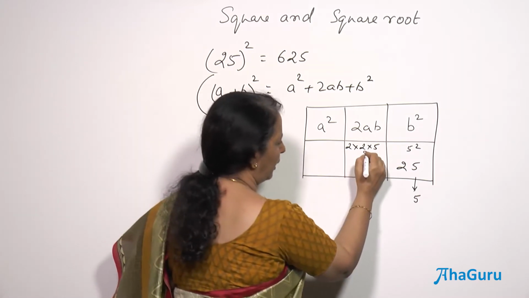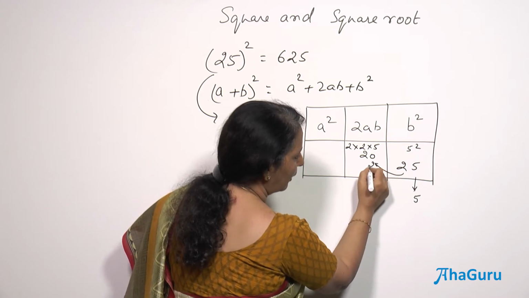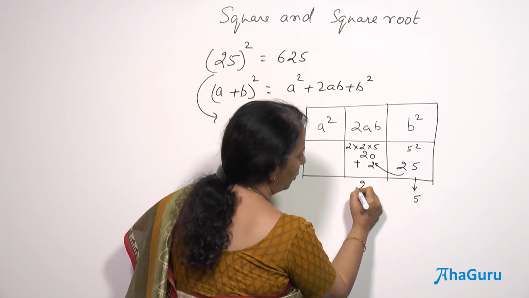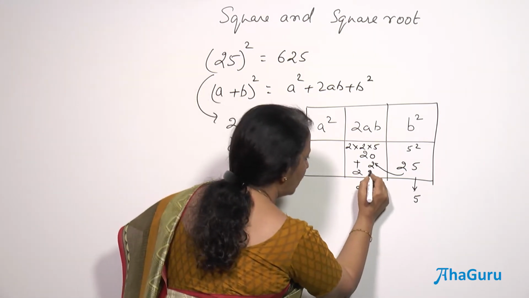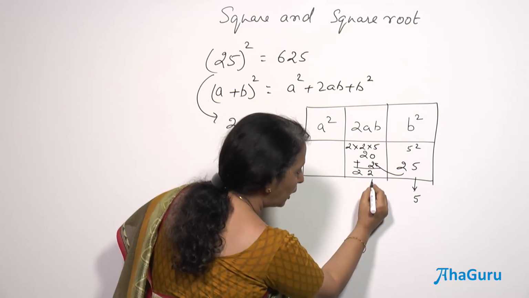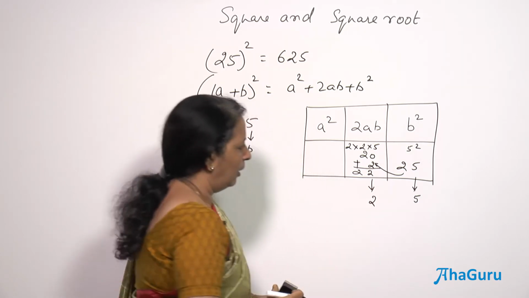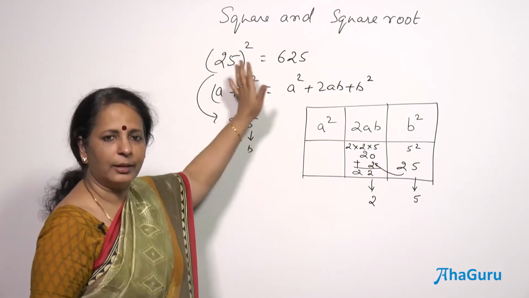The 2 which has been left here is added to this, and I get 22. Out of the 22, this unit place 2 will come here. The tens place 2 is kept as it is.